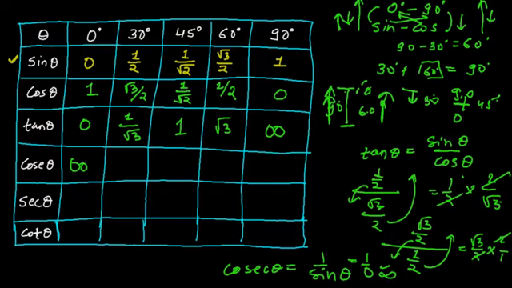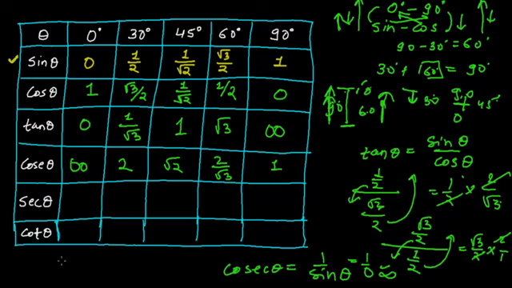So again for 30, it will be just the opposite, right? 1 upon half, so this 2 will go upside, so it will be 2. And for 45 it will be just the opposite, root 2, right? And for 60, 2 upside and root 3 will become downstairs, so 2 will be the numerator and the denominator will be root 3, right? Again, 1 upon 1, it will be 1 itself, right?